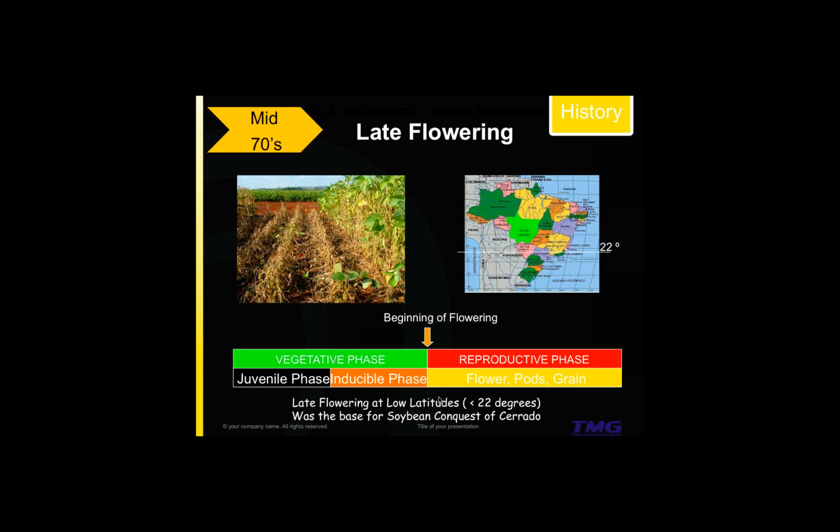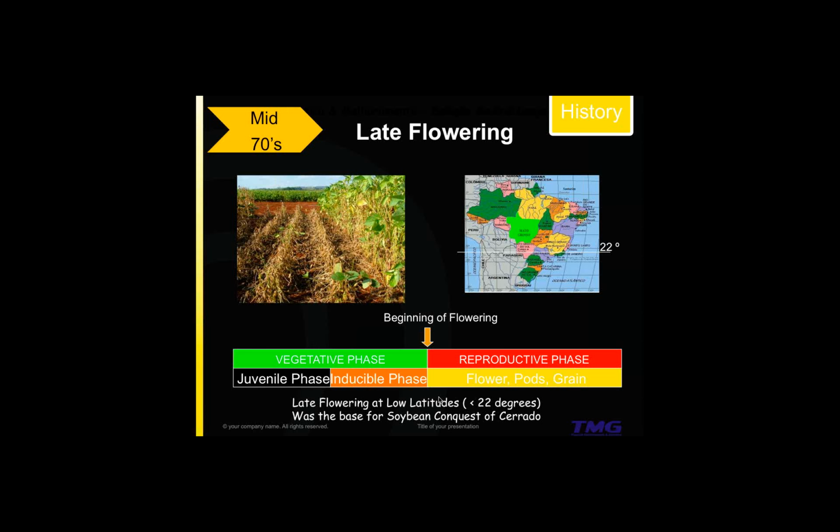The strategy used was to do the cross with a potentially long juvenile trait source and plant these populations in late September or the first 5 to 10 days of October, and essentially look for plants that would grow.